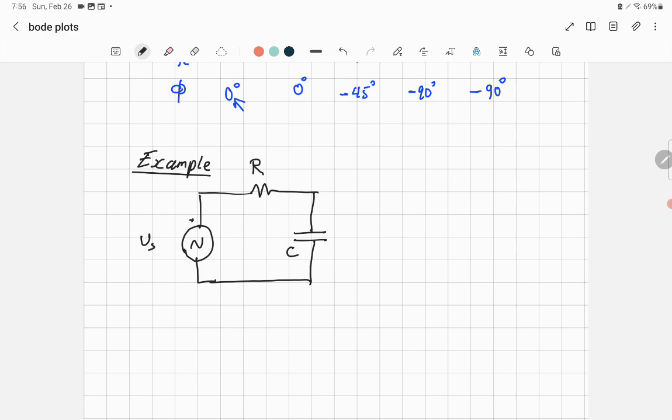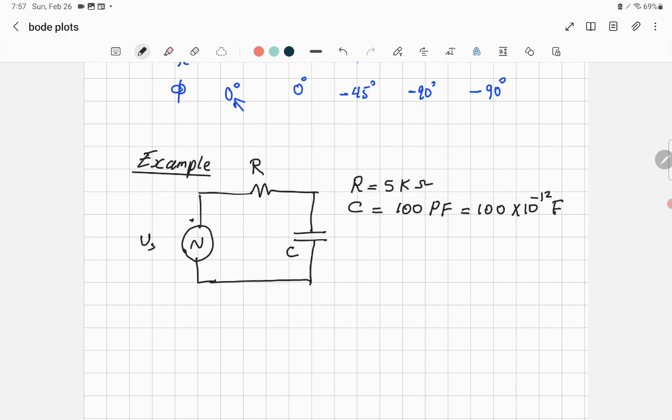I will show you how to write the equation of this circuit, and then extract the information we need, but we have to give values for the resistance and the capacitor. So let's assume the resistance is equal to 5 kilo ohm and the capacitance is equal to 100 picofarad. 100 picofarad means 100 times 10 to the power of -12 farad. We want to do the Bode plot for this one.